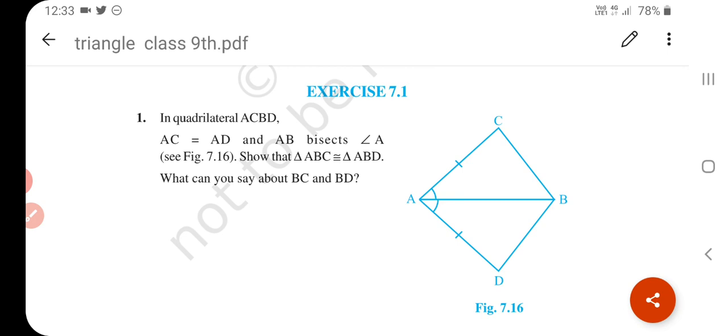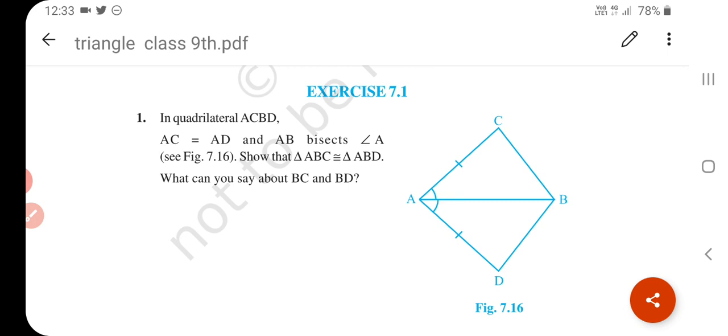So two sides are equal. टू साइड्स हमें मिल गई हैं. दो ट्रायंगल हैं, दोनों ट्रायंगल की दो साइड्स इक्वल दिख रही हैं, because AC is equal to AD is given and AB is a common side of both the triangles. So we can say that AB is a common side. सो वो AB triangle ABC के लिए भी सेम है और triangle ABD के लिए भी सेम है. और it's given AB एंगल A को bisect करता है. It's bisect because it's given that.